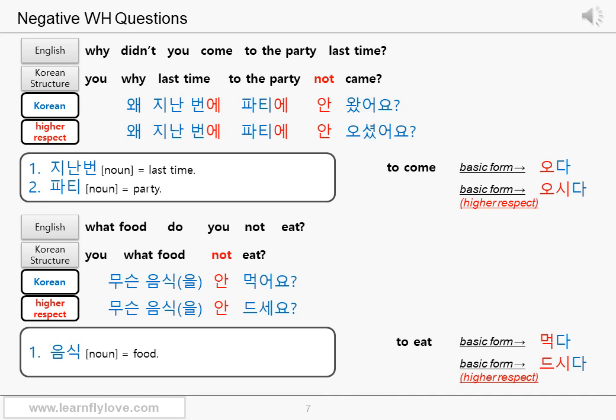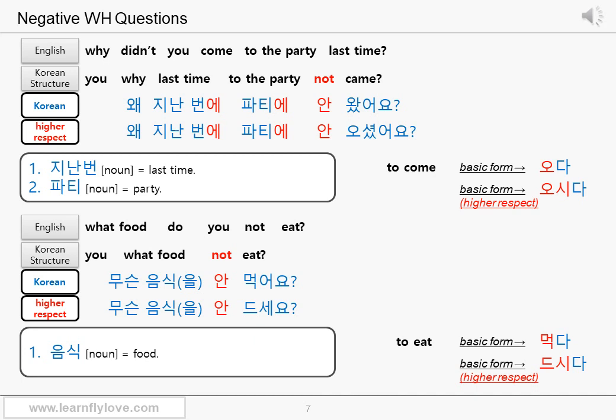What food do you not eat? It's also nothing. Let's rearrange the words first. The subject you comes first, and then the what food comes because it's an object, plus what and food should always stick together. And then the negative adverb not comes, and then the verb eat comes.